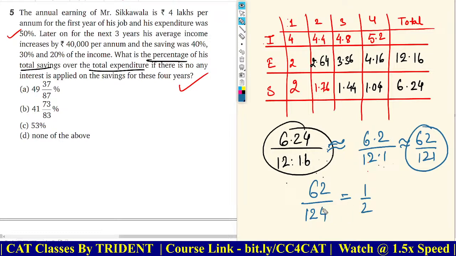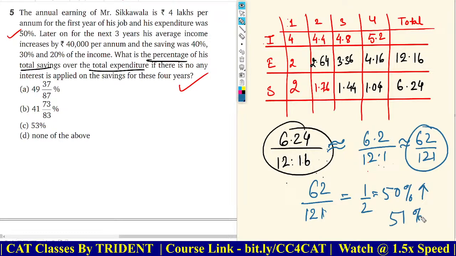But the denominator is less. It is 121. Do you know the property?